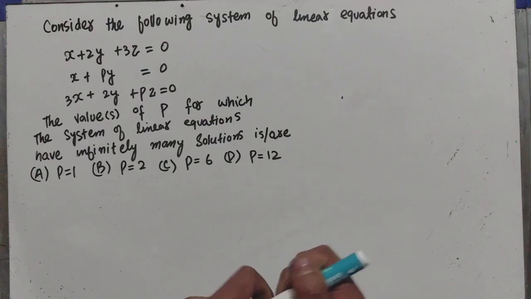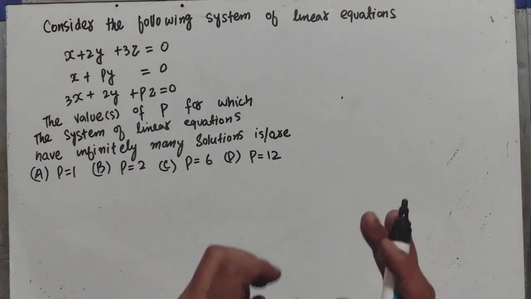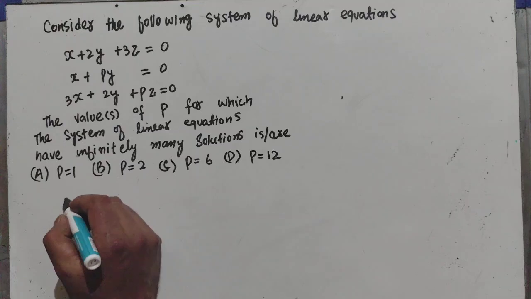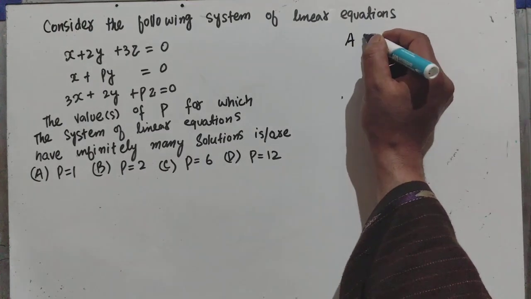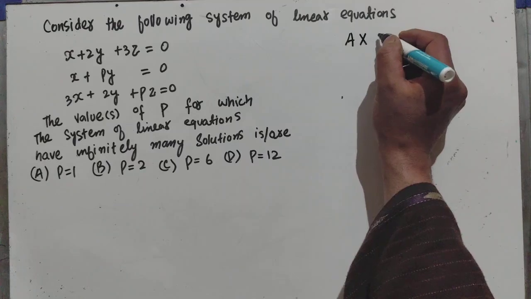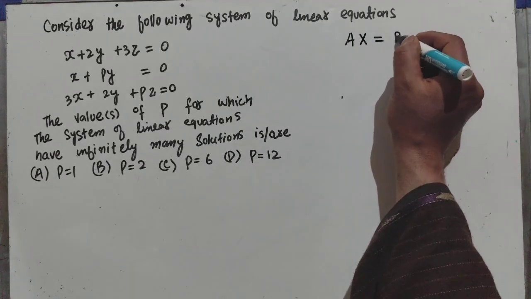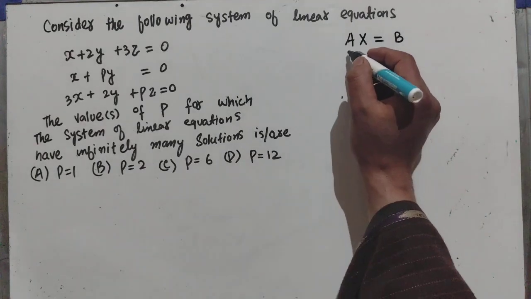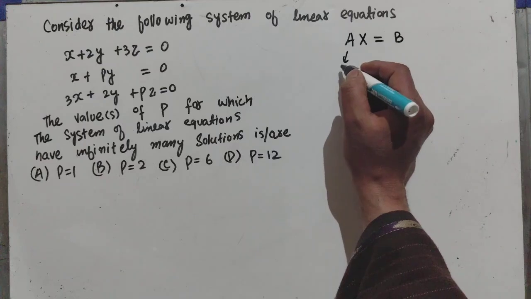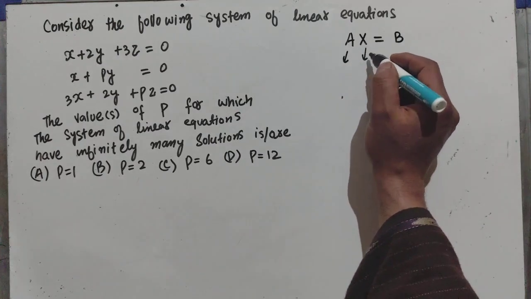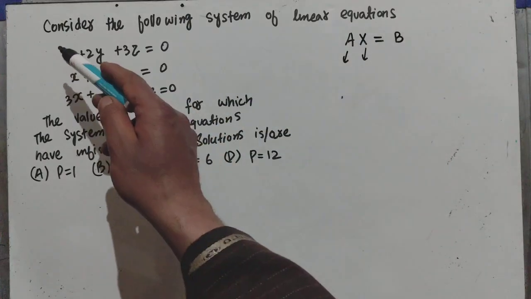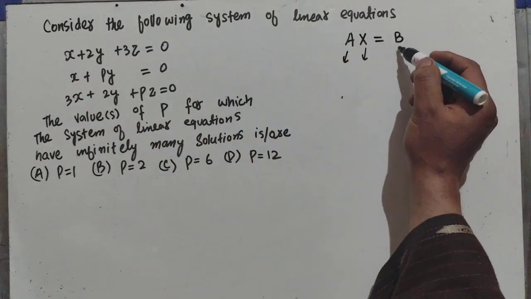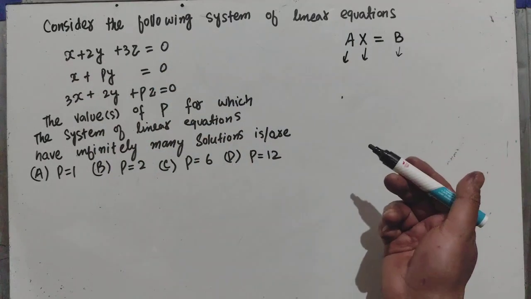Given the three equations, first we write them in matrix form, that is, Ax is equal to B, where A is the coefficient matrix, X is the vector of the variables x, y and z, and B denotes the vector of constant terms.